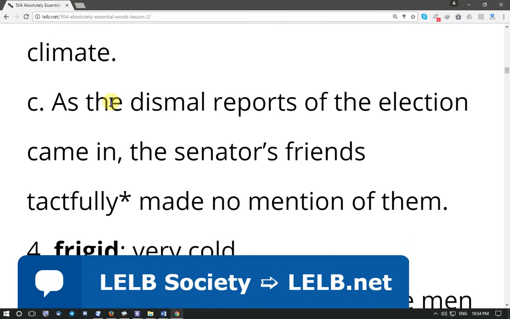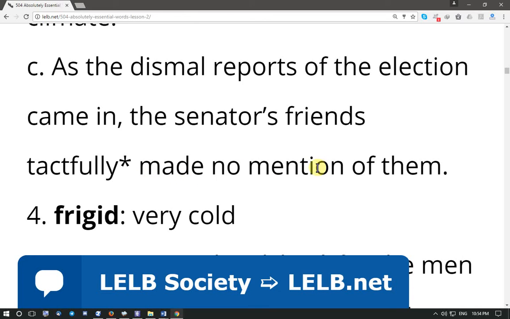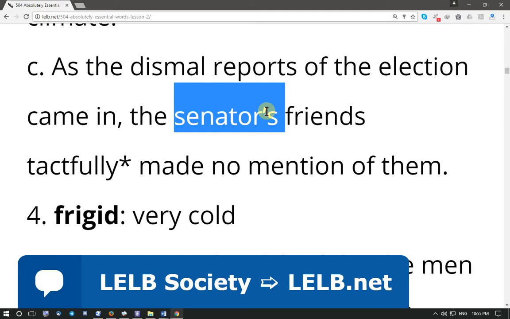Sentence C. As the dismal reports of the election came in, the senator's friends tactfully made no mention of them. As the dismal reports, so the results actually were not good. It was not satisfactory. The reports refer to the results of the election in which the senator had participated.